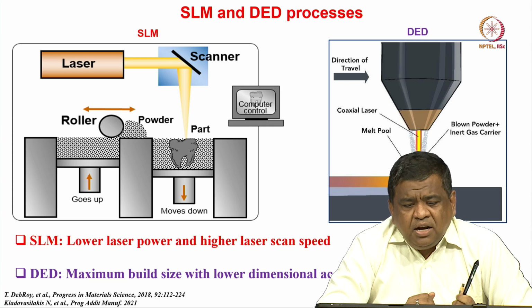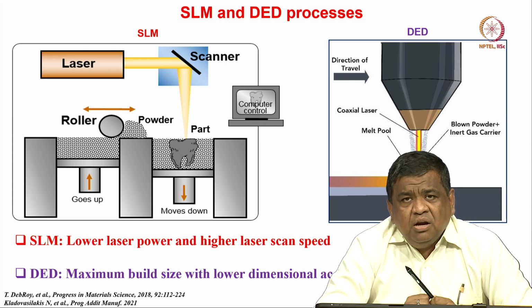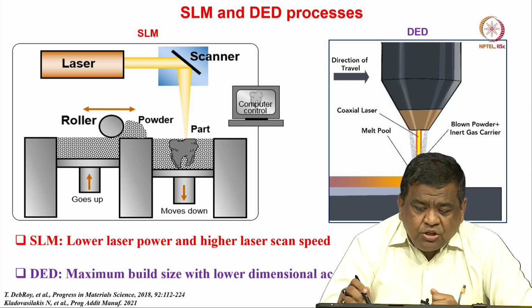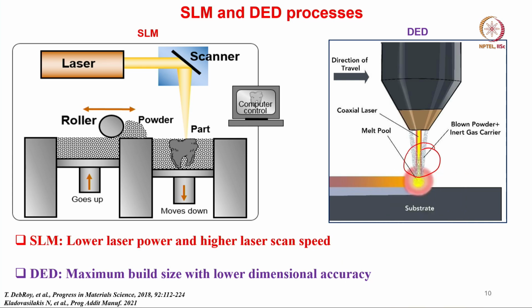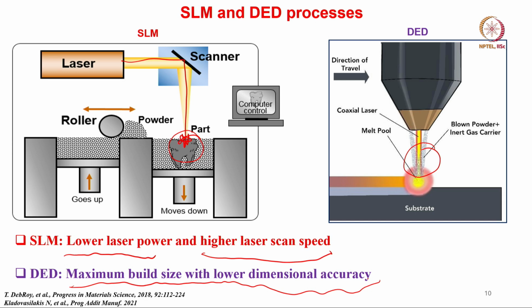Now, SLM is a powder bed based process, while directed energy deposition is not a powder bed based process, right. Here the laser beam also interacts with these powders on its path, but in SLM the laser beam is incident on this particular powder bed, and then it constantly melts this powder bed or very thin layer, and subsequently melting and solidification take place. So, SLM essentially uses lower laser power and higher laser scanning speed, whereas with DED you can go for the maximum build size with lower dimensional accuracy.